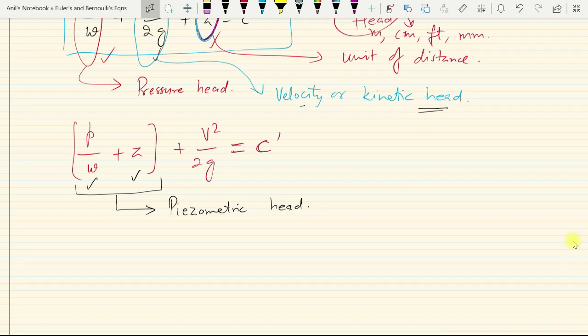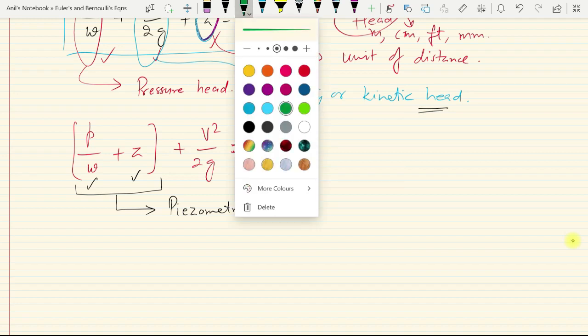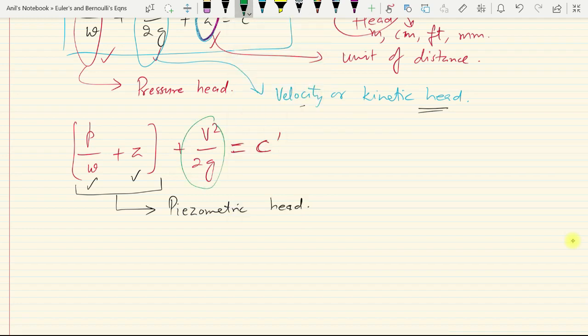Now for any flow, if velocity goes up, then to maintain this as a constant, this has to go down, and vice versa. If velocity goes down, pressure head or piezometric head will go up.